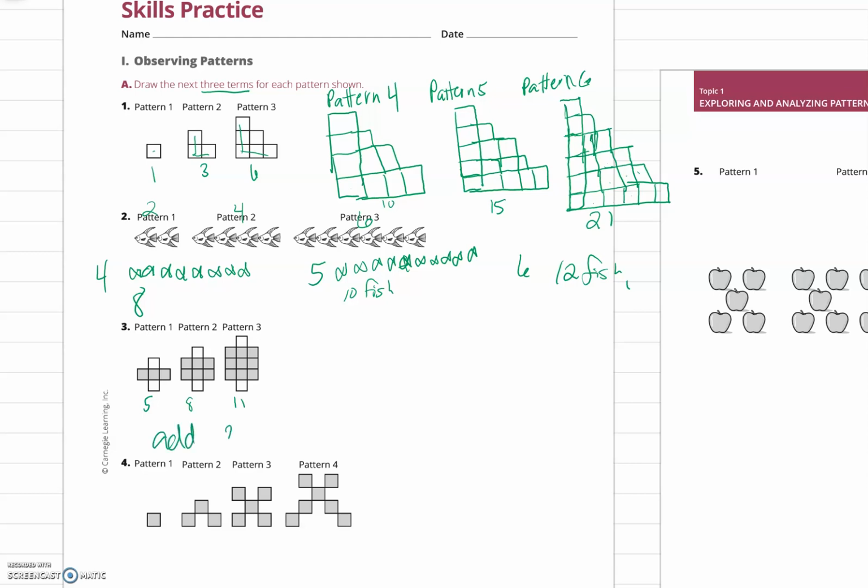So I'm just going to say add 3. So pattern 4, we would have one more in the center.